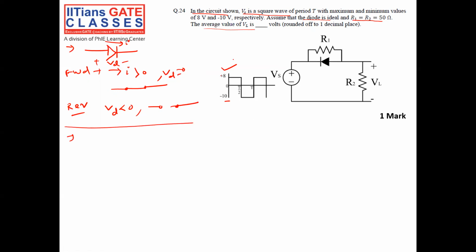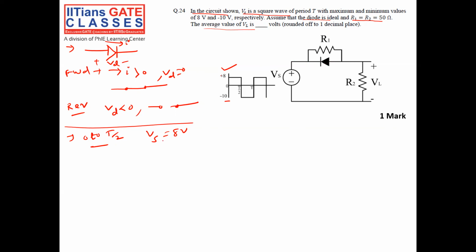Now let us see. From 0 to T by 2, I have Vs equal to 8 volt. Then I apply 8 volt to the cathode, so it will be reverse bias.